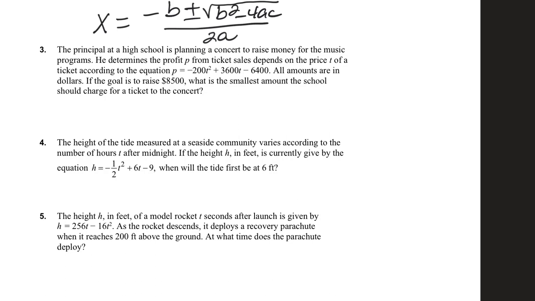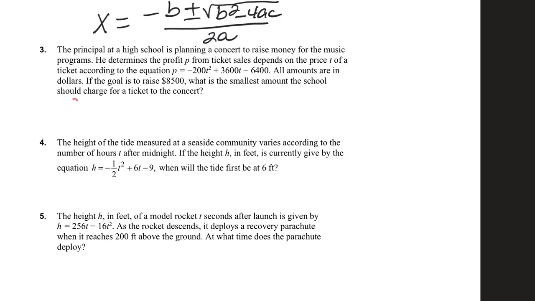The principal at a high school is planning a concert to raise money for music programs. He determines a profit P from the ticket sales depends on the price T, according to the equation; all the amounts are in dollars. If the goal is to raise $8,500, what is the smallest amount the school should charge for the ticket to the concert? So you're going to solve this quadratic equation.